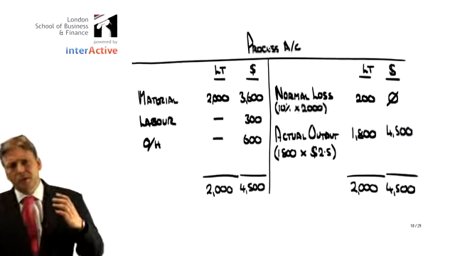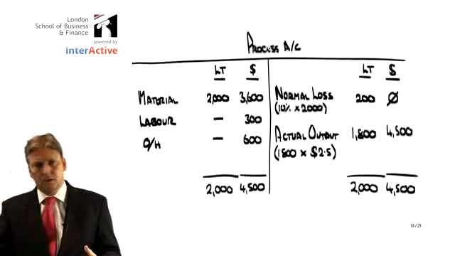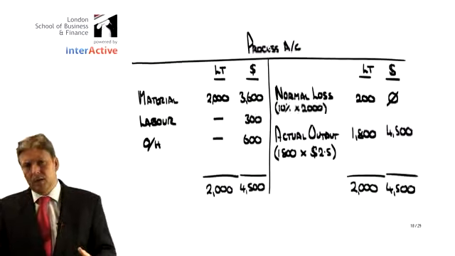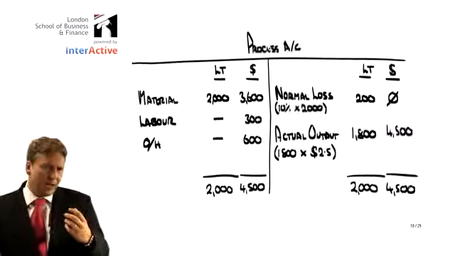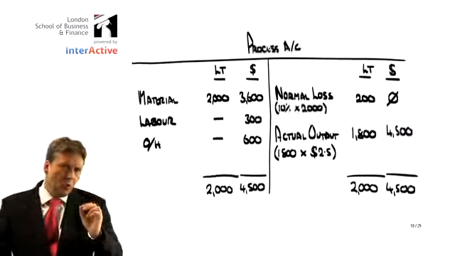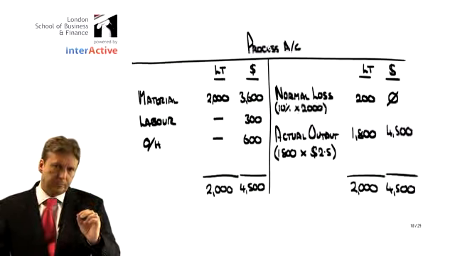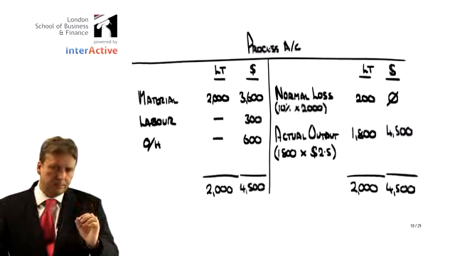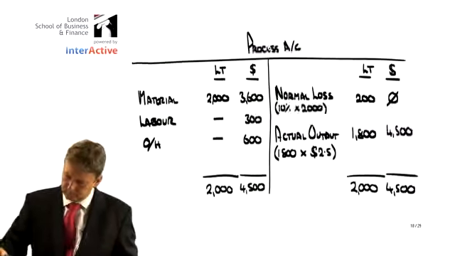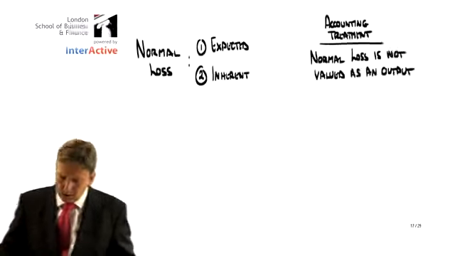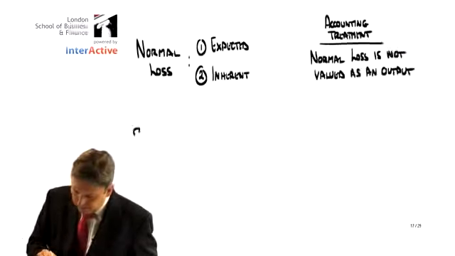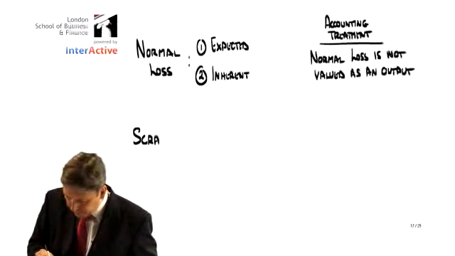So, we've dealt with normal loss. The next step is to consider what would happen if the normal loss had some other value. So now we look at scrap value.